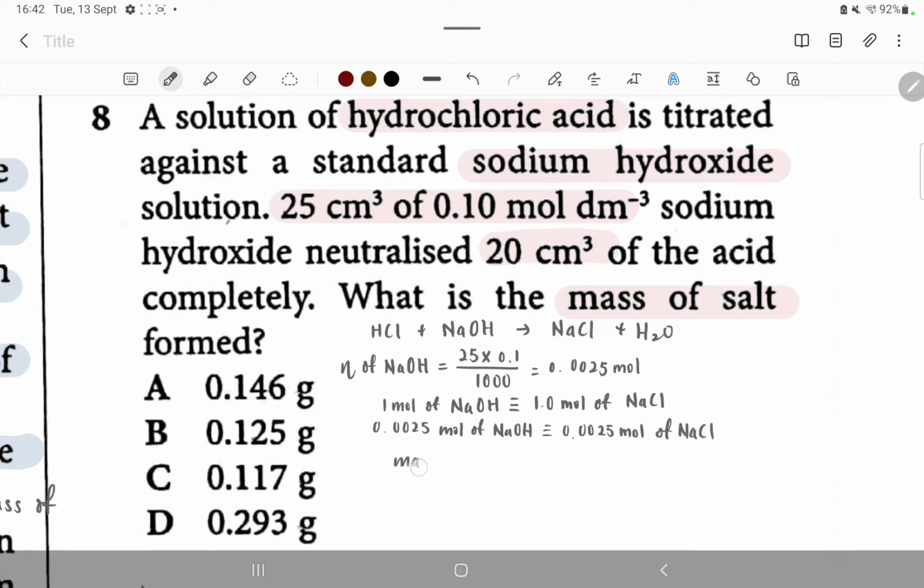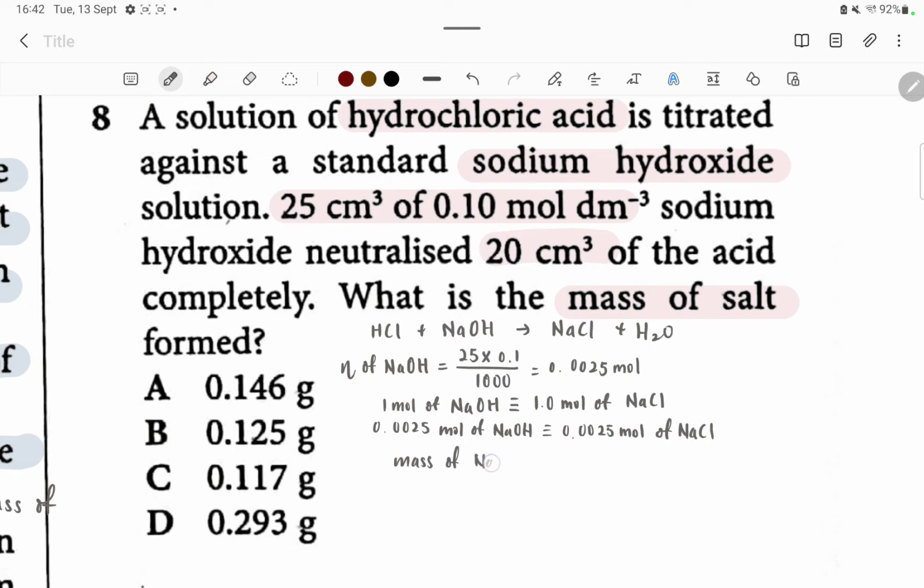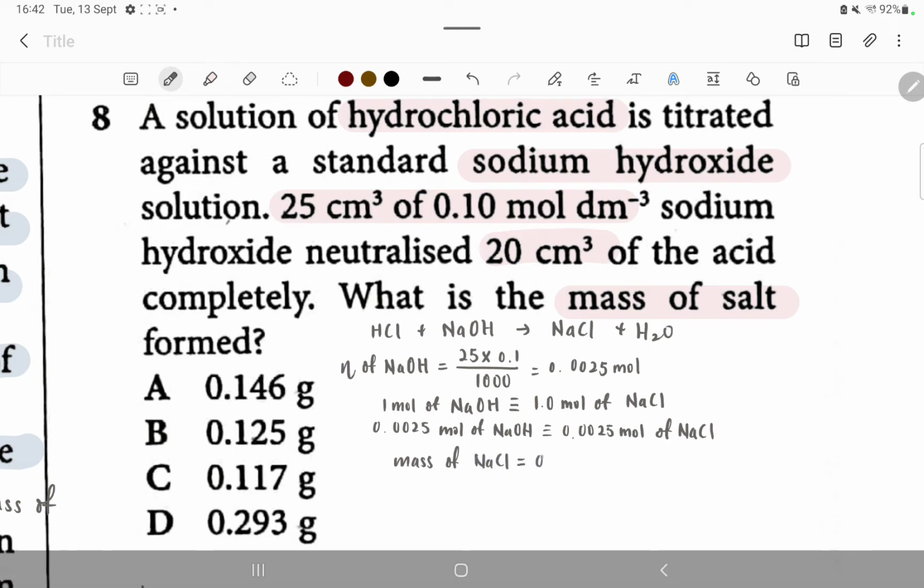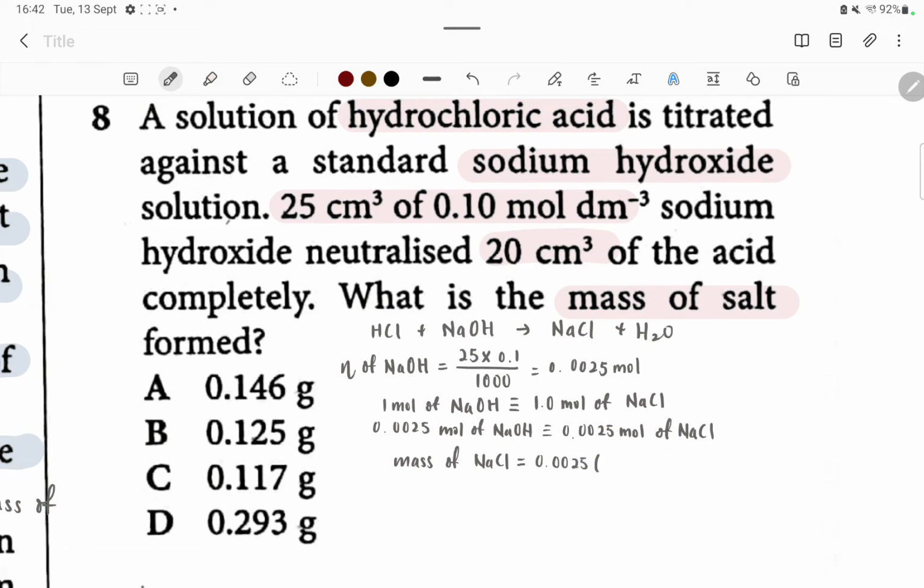So mass of NaCl equals 0.0025 multiplied with the relative formula mass for NaCl. So this one should be 58.5 if you add them together. And then press calculator, you should get 0.146 gram as your final answer. So your final answer should be A.